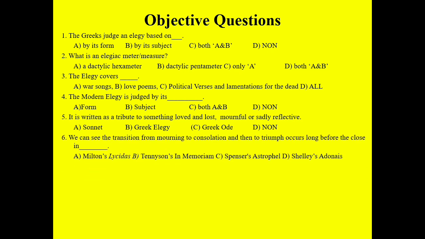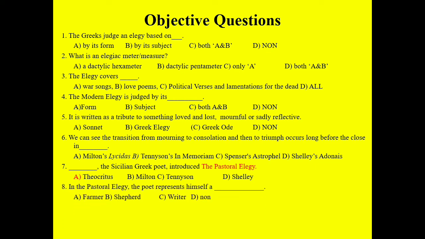We can see the transition from mourning to consolation and then to triumph occurs long before the close in. Who said this? It is Shelley's Adonais. Dash, the Sicilian Greek poet, introduced pastoral elegy. It is nothing but Theocritus.